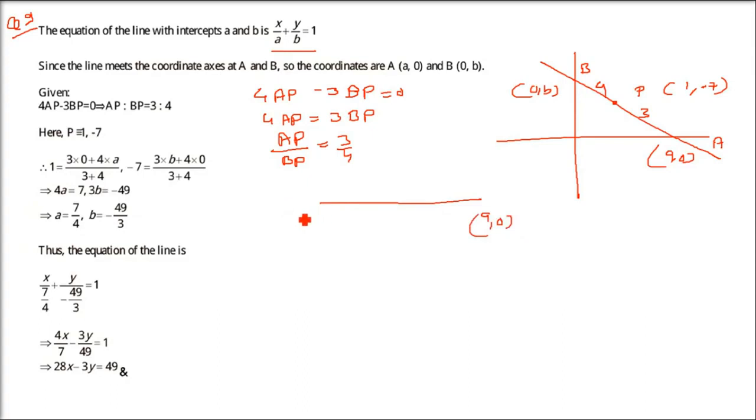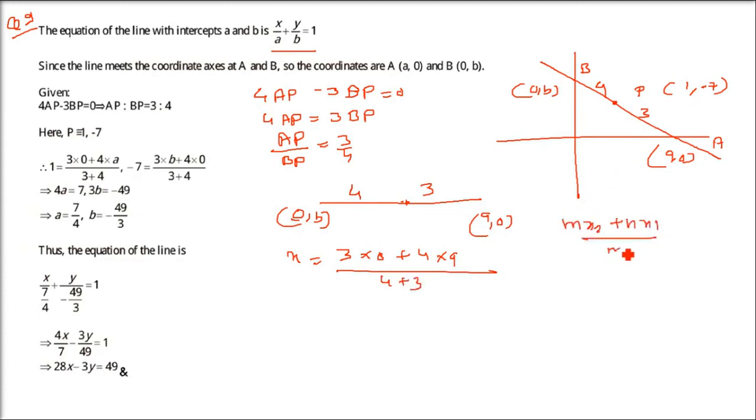So there is a line with points (0, b) and (a, 0). Always start with the x-axis. So from (a, 0), whenever there is a ratio, we have to take 3 from the x-axis. So 3 is to 4. Now we have to find x. You know the formula, (mx2 plus nx1) by (m plus n). So (3 into 0 plus 4 into a) by (4 plus 3). Now this is (mx2 plus nx1) by (m plus n). This is your x point.